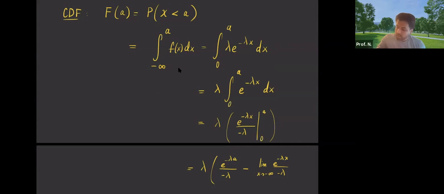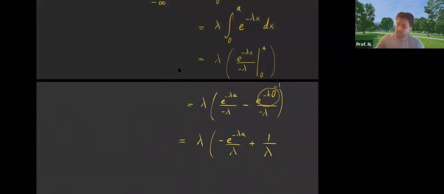And so this here is not a limit. It's just e to the negative lambda times 0 over negative lambda. So then we have lambda times negative e to the negative lambda x over lambda, and then e to the 0th power is 1, so this is positive 1 over lambda.